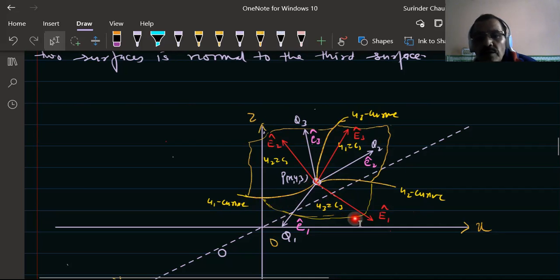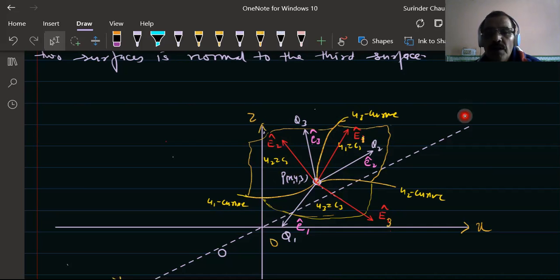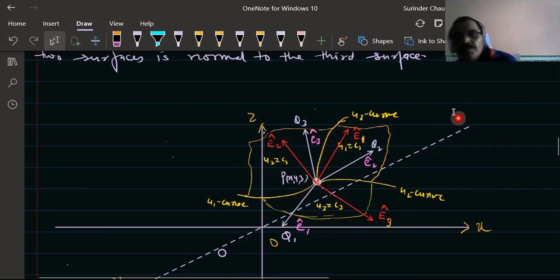And E1 is normal to the first surface, E2 is normal to the second surface, and E3 is normal to the third surface. E1, E2, E3 are the normals, as in the diagram which I have discussed.